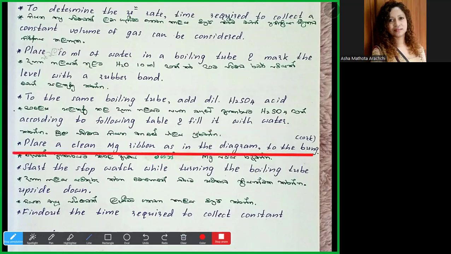Next point. Place a clean magnesium ribbon, as in the diagram, to the bung, B-U-N-G, within bracket, cork. I'm giving this word because in case it comes in the exam, bung means the cork.